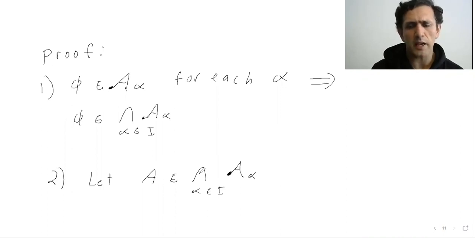So let's say A is a subset of X that's in this intersection here. What does that mean? That means A is in each one of these. Each one of these is a sigma algebra, so X take away A, the complement of A in X, is also in each one of these.